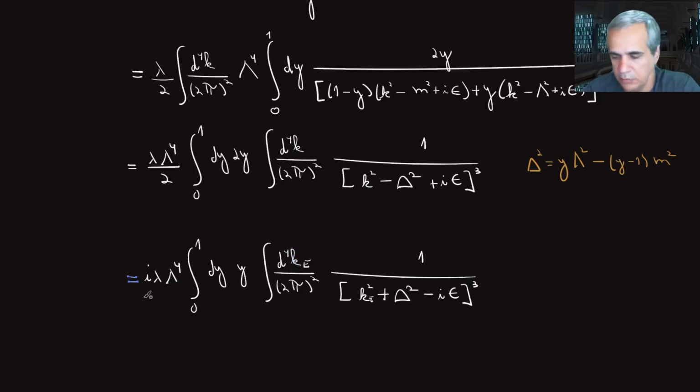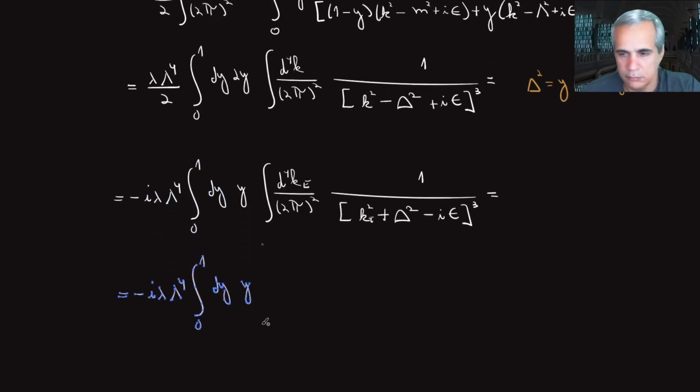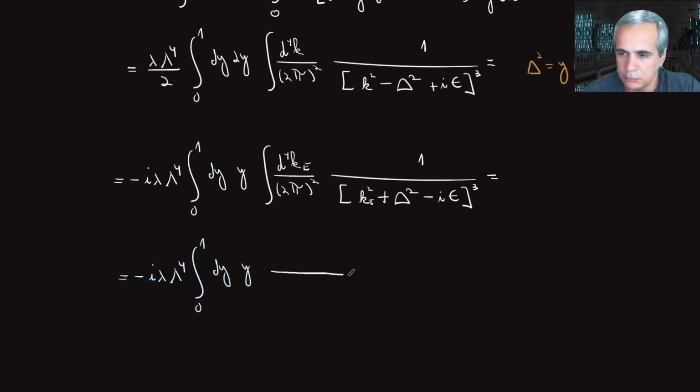So equal to minus i. And again, this integral is that one we know the answer to. So I can rewrite this just as one over 32 pi squared (delta squared minus i epsilon).